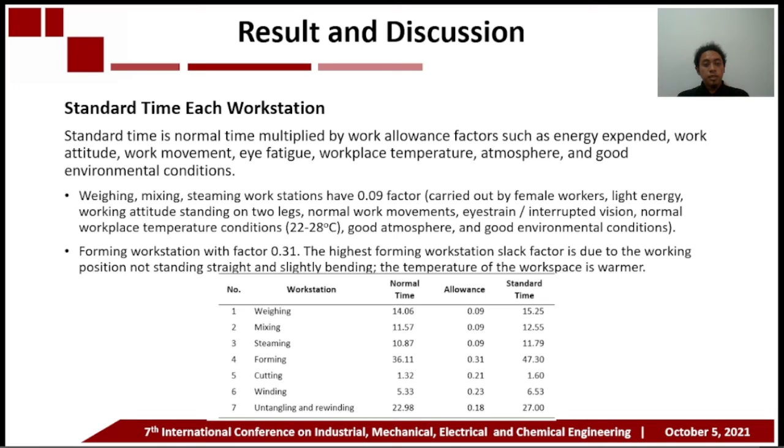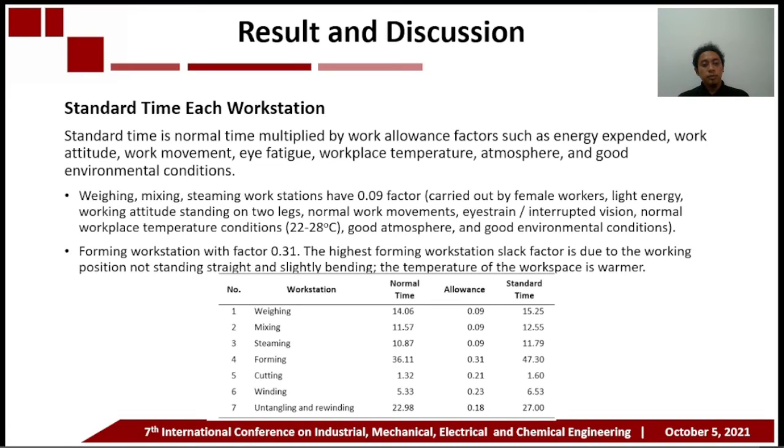For the weighing, mixing, and steaming workstations, we get a factor of 0.09, carried out by a female worker, with light energy, working standing on 2 legs, normal work movement, normal eye strain, and normal worksite temperature, good atmosphere, and good environment condition.